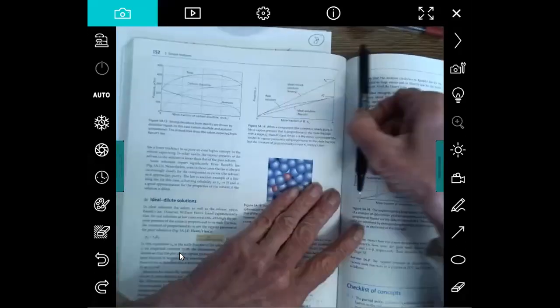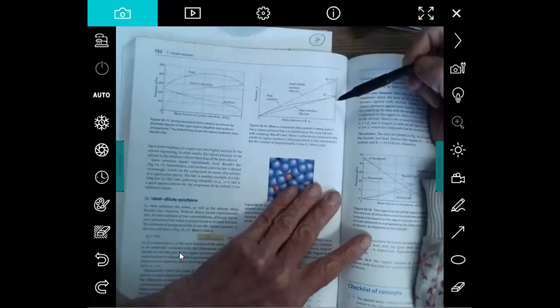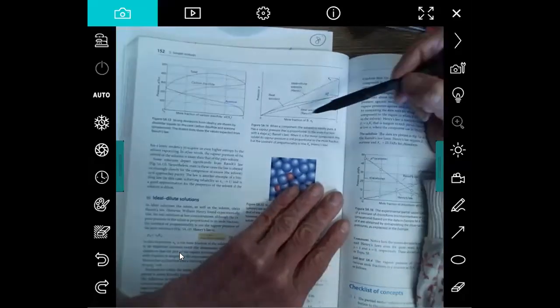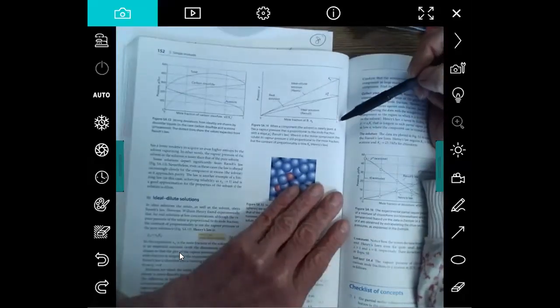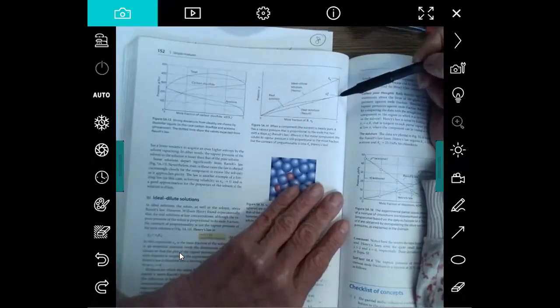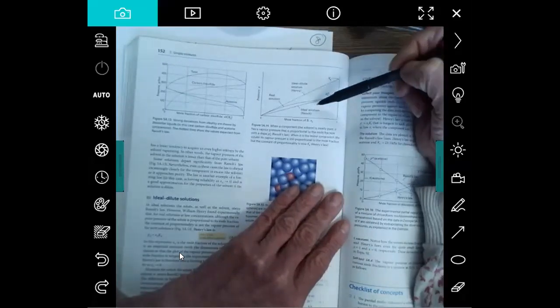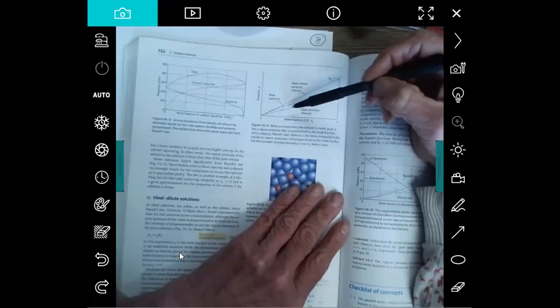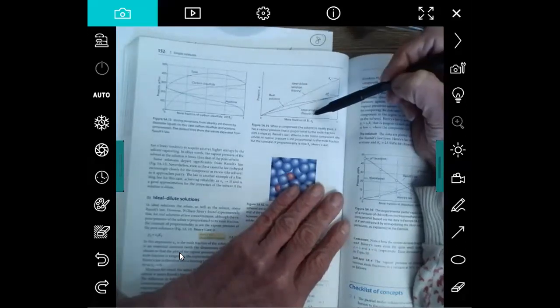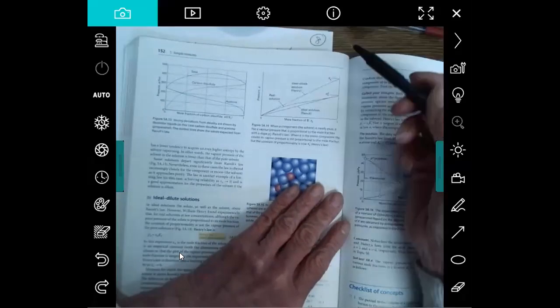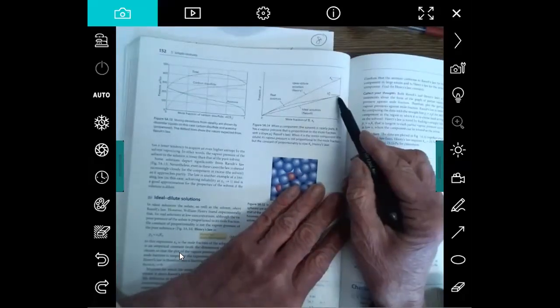If you have a very high concentration of one component, it's going to behave more ideally. This graph shows that when the mole fraction of B is 1, compared to the expected line if it was an ideal solution following Raoult's law, when the solution is pretty much pure B, it's going to follow Raoult's law.